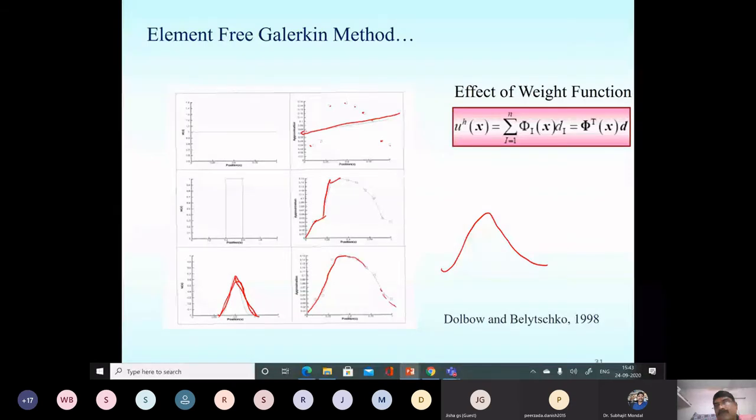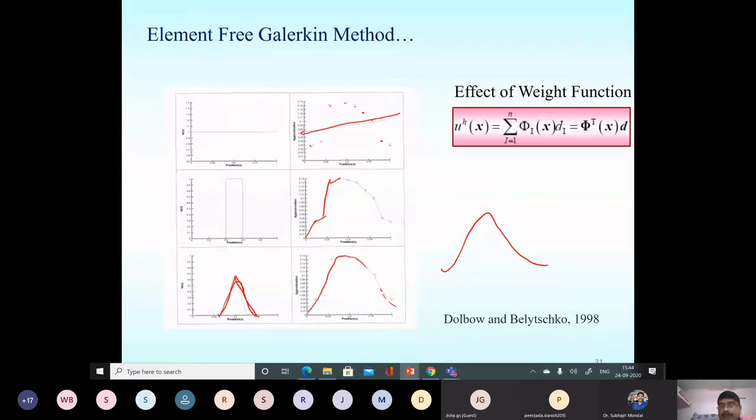So the advantage is you don't need to worry about stress jumps or stress irregularities at the element boundaries as in FEM. Nothing of that sort is there in this case. You also get very smooth derivatives.